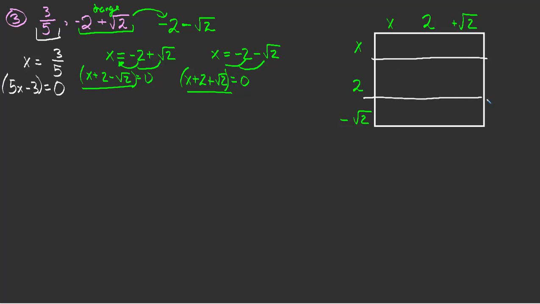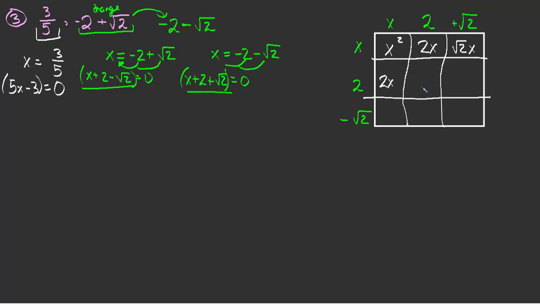And we're going to multiply these through. Okay, so x times x is x squared. x times 2 is 2x. x times square root of 2 is going to give me square root of 2 x.